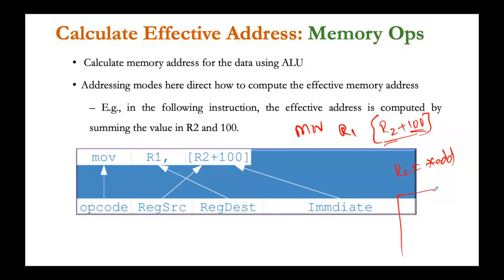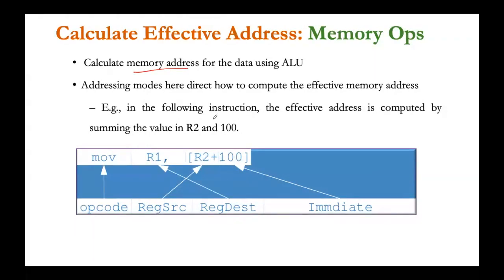Suppose the stack memory starts at location 1000, and the displacement is 100, then at the 100th location there will be some element, say 5. For this kind of instruction, when memory operations are happening, first the memory address will be calculated using the ALU.